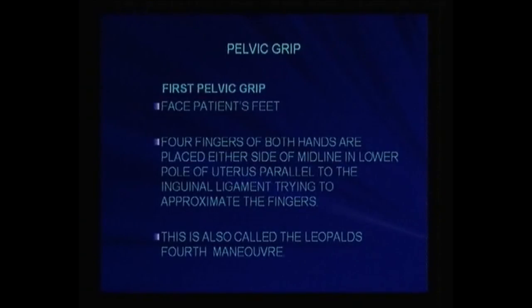This is an effort to find out whether the presenting part has engaged or not. The hands are pushed towards the axis of the pelvic inlet, and if the hands meet below the presenting part, that means the engagement has not occurred, and if the hands diverge, that means the engagement has occurred.